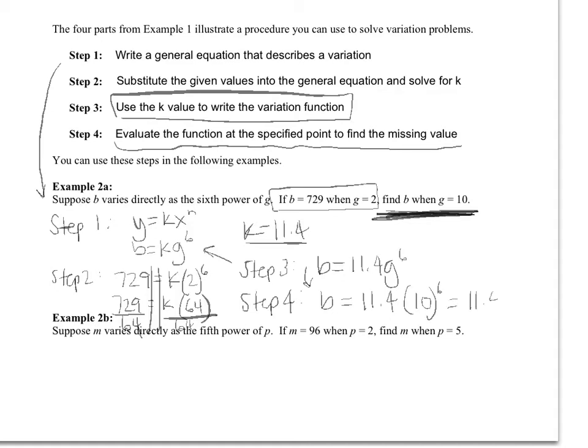So we need to figure out 10 to the 6th power. That's actually quite a bit. Then multiply by 11.4, and you should get about 1.14 times 10 to the 7th, or 11 million in other words. It's a big number. And that's when g equals 10.